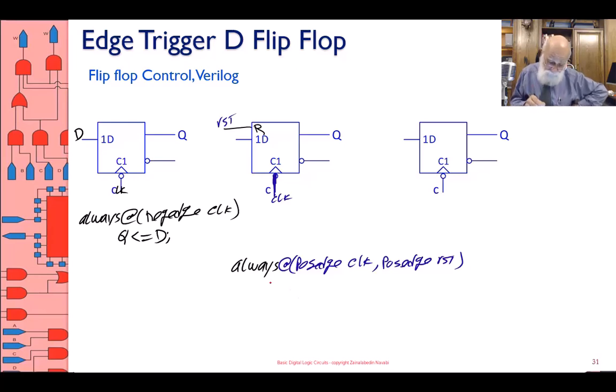Begin: if reset is 1, 1'b1, then Q becomes 1'b0, else if reset is not active, Q gets D.